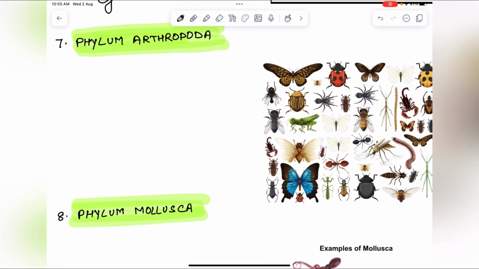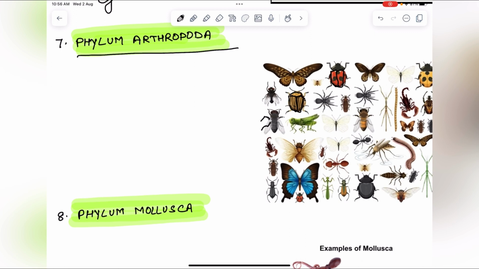Next is phylum Arthropoda. This phylum has the largest number of species in the animal kingdom. These animals have jointed limbs, one pair on some or on all body segments. They have an exoskeleton. The outer covering of their body is exoskeleton.